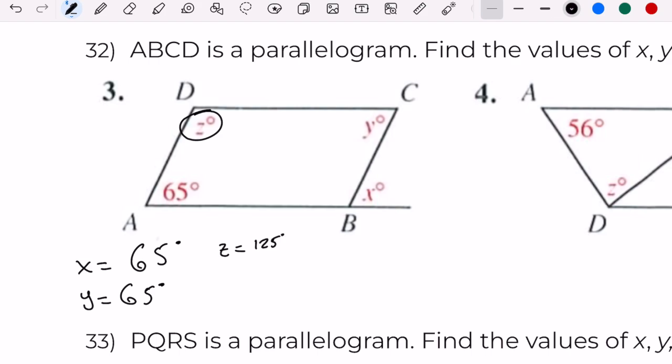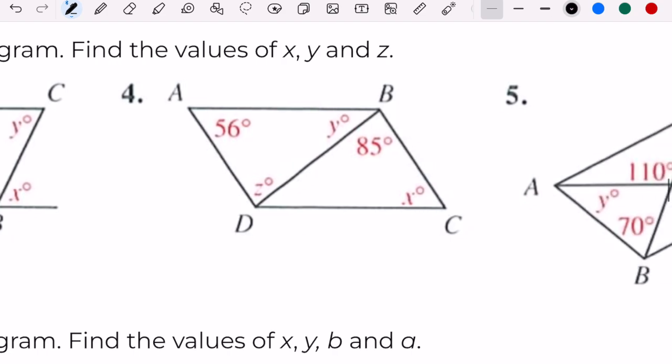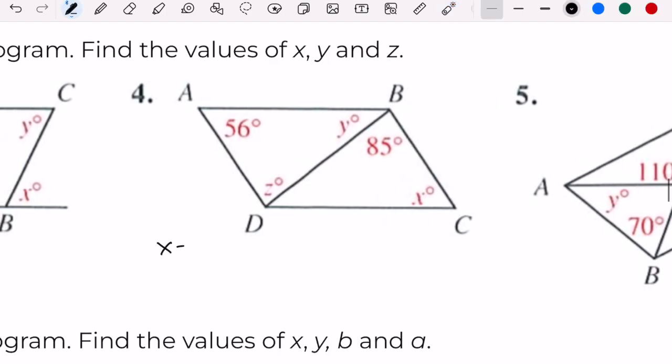Beautiful. Now, again, look at the parallel lines. The parallel lines, the C's, are the ones that are going to help you. So, for example, angle X, without doing any math, very quickly, X equals 56 degrees. Why? Because these are opposite angles, and opposite angles in a parallelogram are congruent.